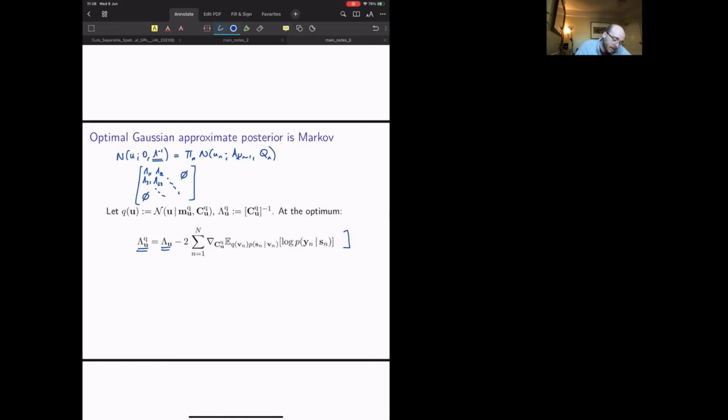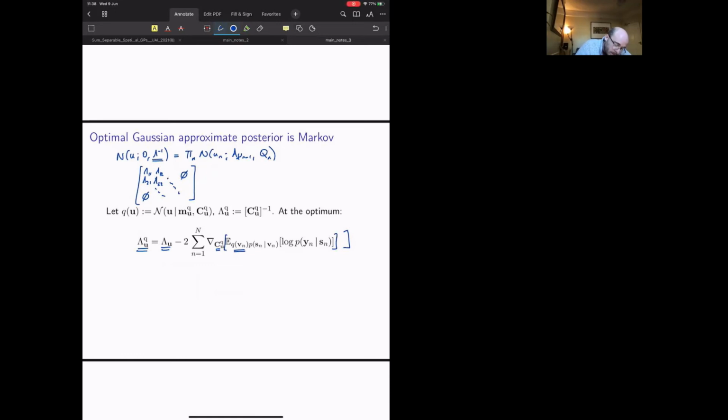The key observation is that we're taking the gradient of the nth reconstruction term with respect to the entire covariance matrix, and it's just a function of two neighboring pseudo-points.